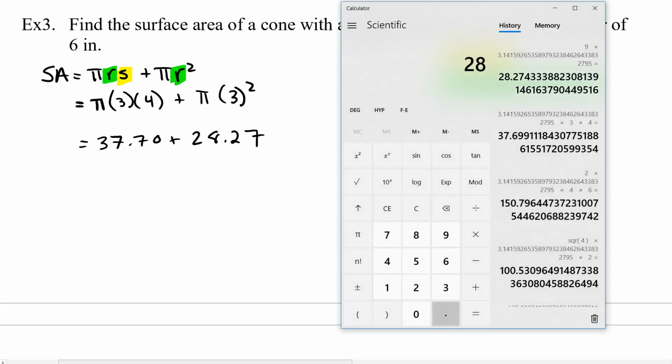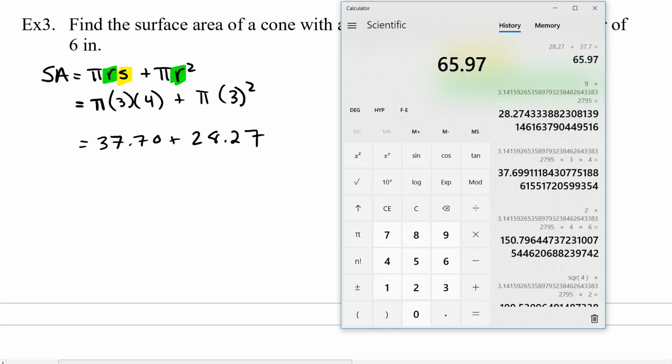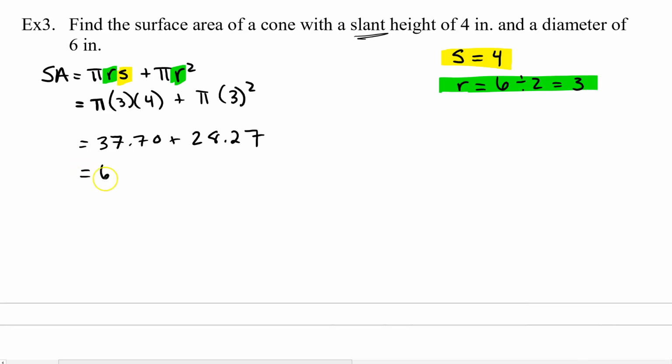So I'm going to say 28.27 plus 37.7 equals 65.97. And remember, our units are inches, so inches squared. Put a box around it because it's my final answer. Woot!